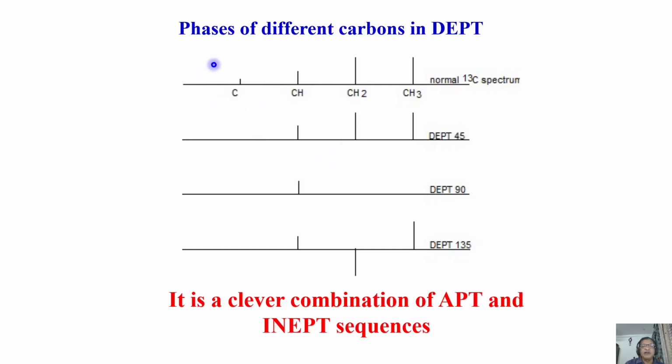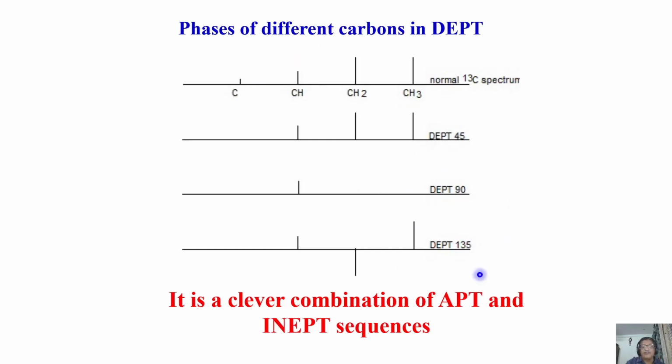You know all the quaternary carbons. That is one way you identify them. Next, DEPT 90, you get only CHs. That means you already identified this because of this, and this because of DEPT 90.